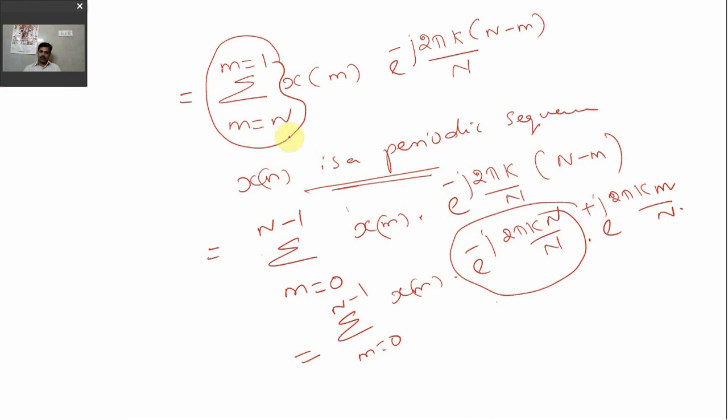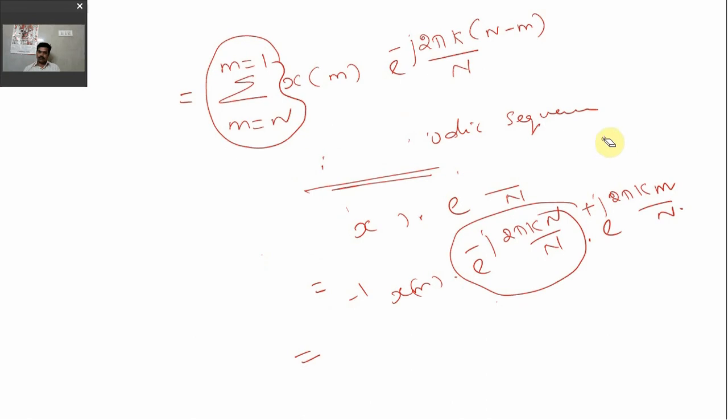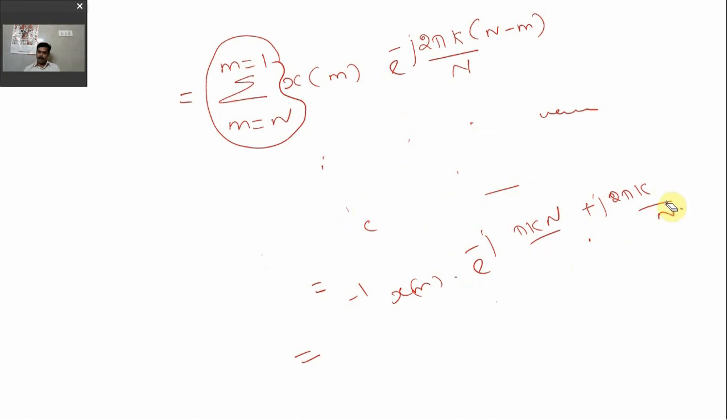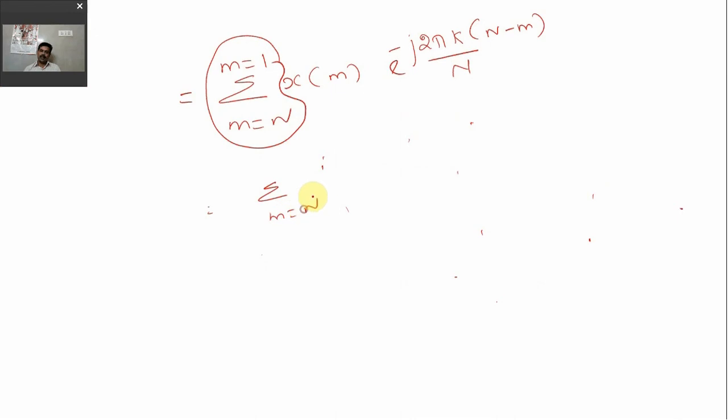We are substituting the value of n, so while substituting, we are changing the limit to 0 to N minus 1, x of m into e to the power minus j 2 pi k n by N into e to the power j plus 2 pi k m divided by N.